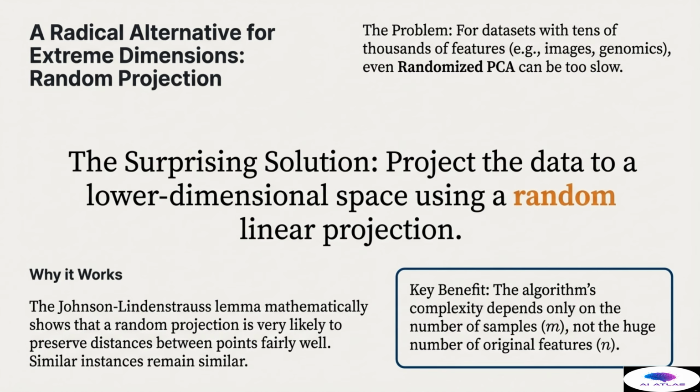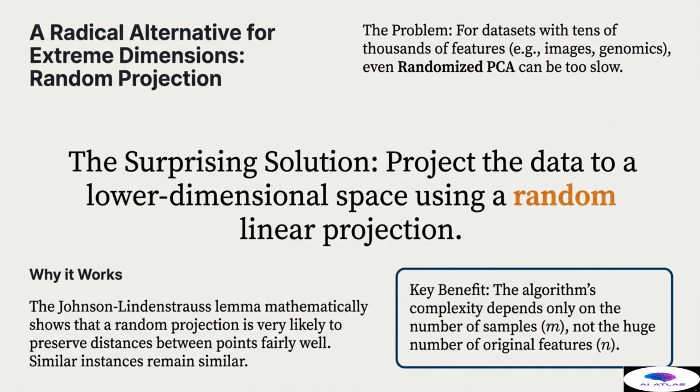However, the theoretical underpinning for its effectiveness is sound, rooted in the Johnson-Lindenstrauss lemma. This mathematical proof shows that a random projection is very likely to preserve the distances between points fairly well. If two instances were similar in the original high-dimensional space, they will remain similar in the lower dimensional space after the transformation.